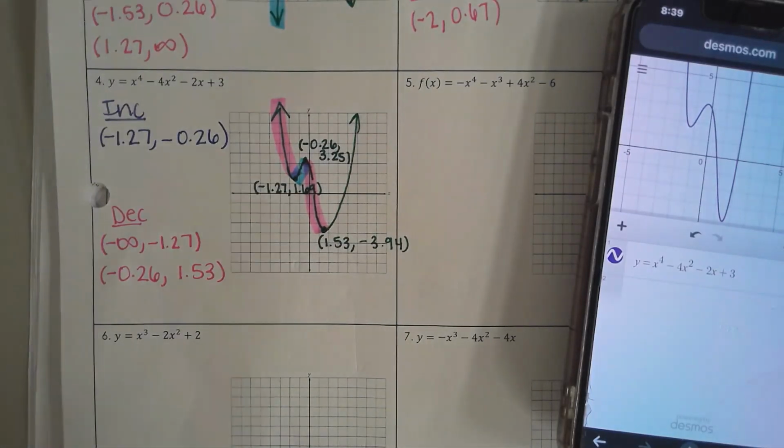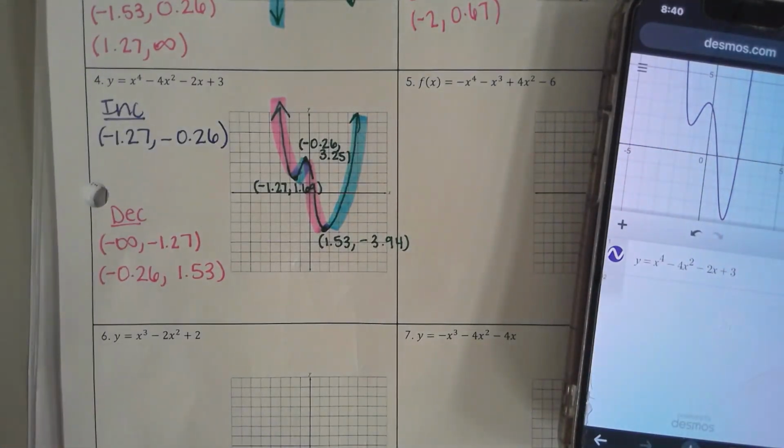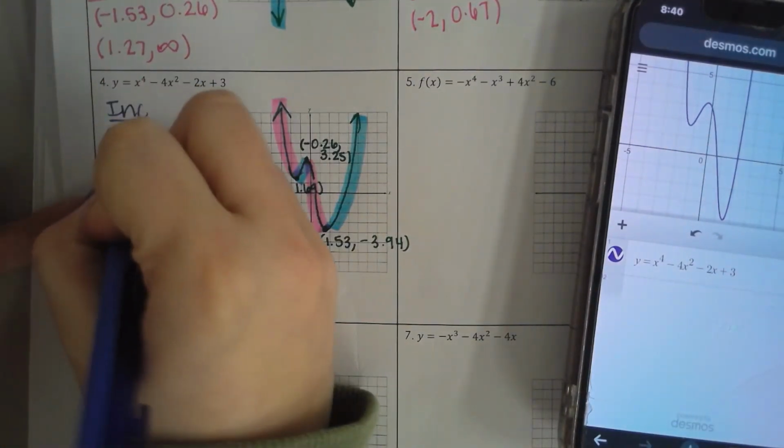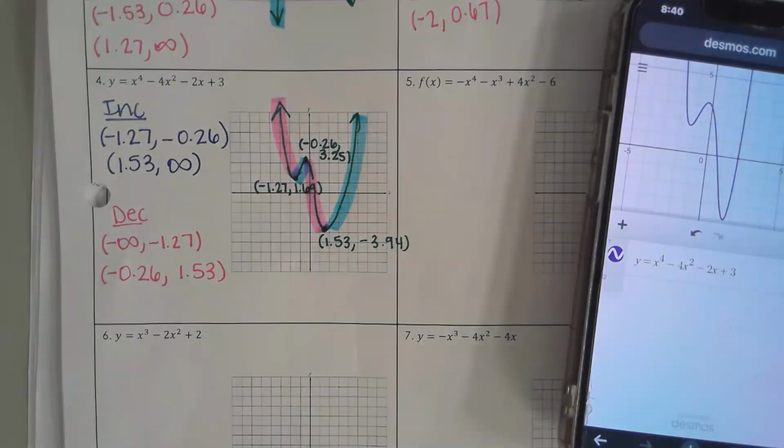And then I go back uphill, 1.53 to positive infinity. Yep. I want you to work on those last 3 by yourself, and then I will show the answers up here.